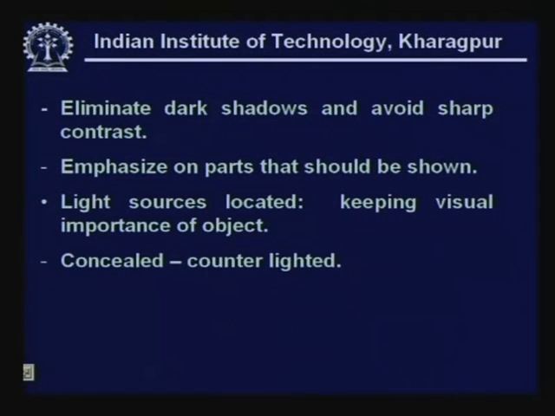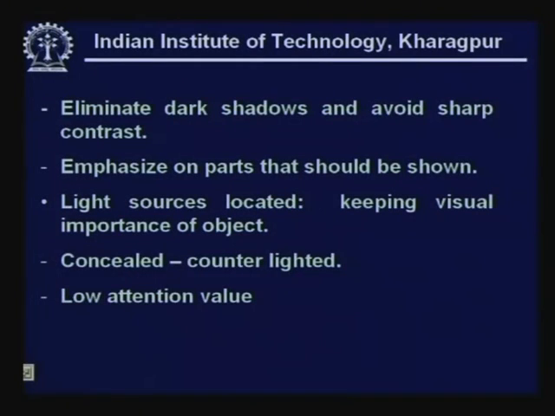This is often achieved through what we call concealed lights. We have seen lamps located in the recess of the ceiling, or counter lighting, that is, in order to avoid strong shadows, light placed on the 2 opposite sides of an object enables eliminating unwanted shadows.